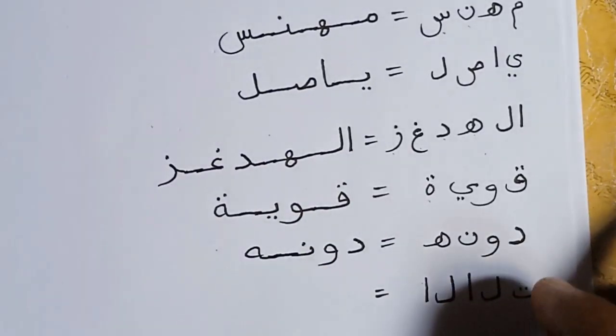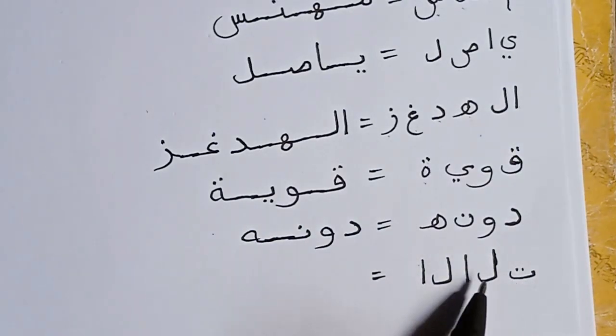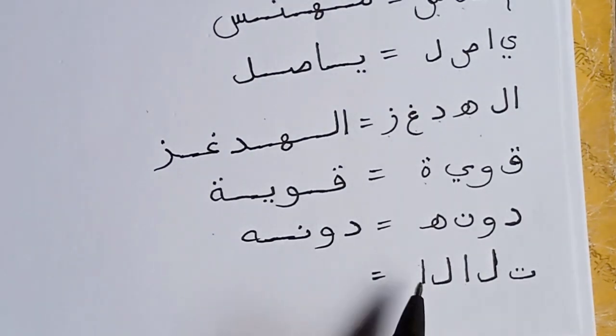So the next example is ta, lam, alif, lam, and alif here. To join that, the ta will be joined with the lam, then the lam will be joined with the alif, but the alif will not be joined with the lam, and the lam will also be joined with the alif.